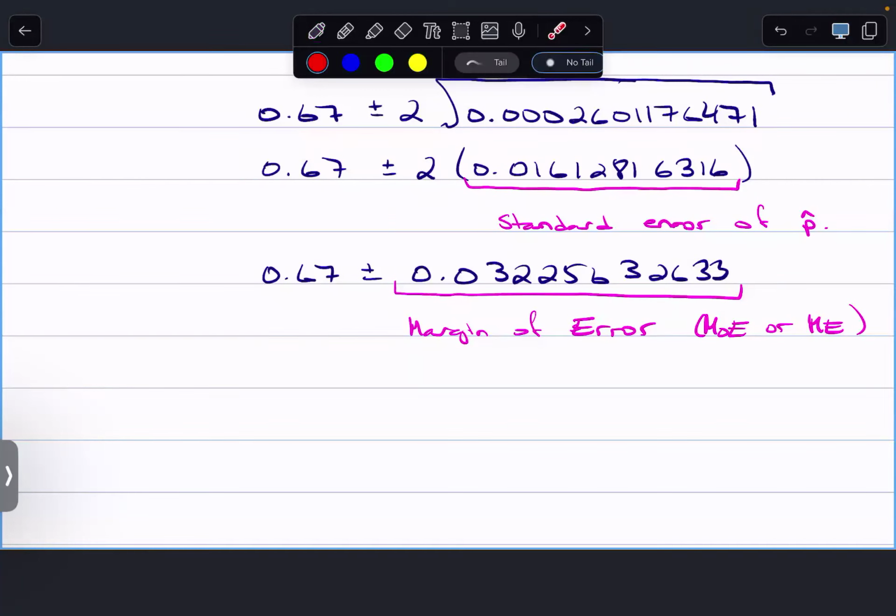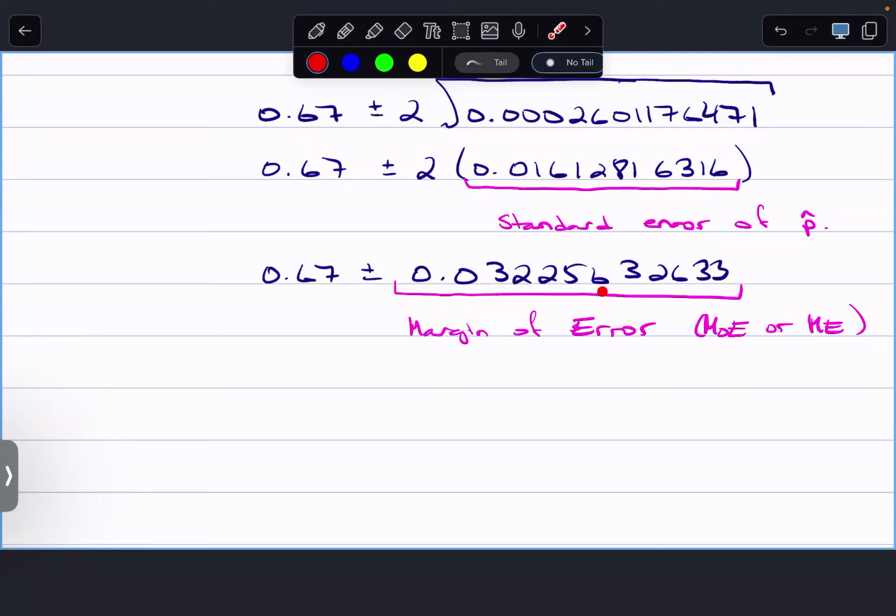Now, one of the things that we can do is, well, a smaller margin of error means what? At the same confidence level, it means that I can be more precise around my point estimate. And so sometimes before we conduct a study, before I collect a sample, I might say, I want to force my margin of error to be 2%, so 0.02 instead of 0.032.